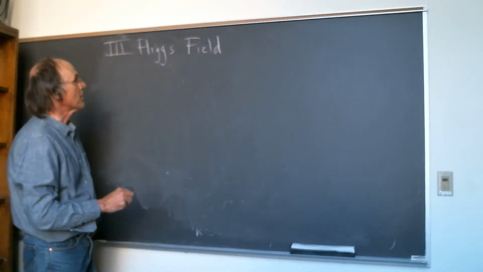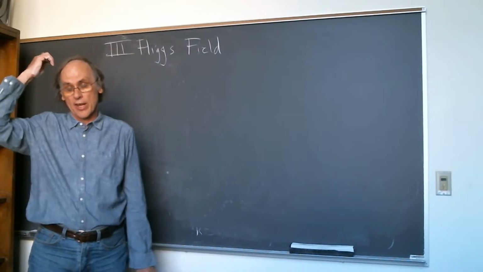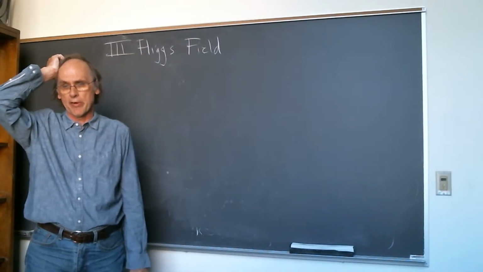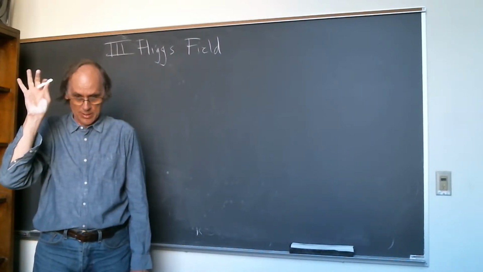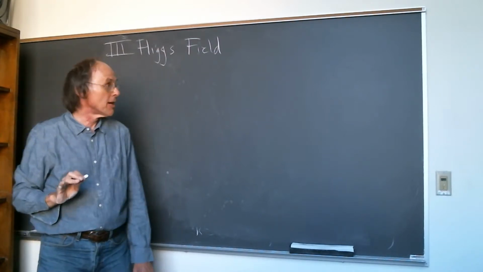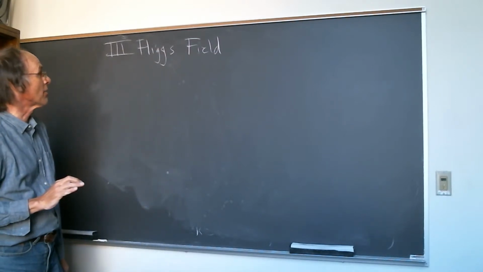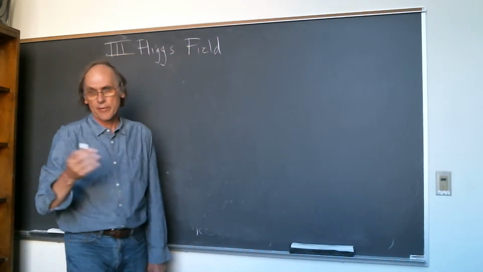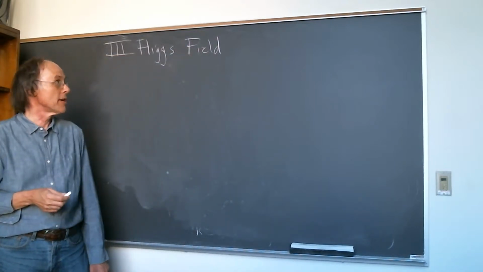The idea here is that there's one more kind of field that you have to add in as an elementary field besides the gauge fields and the matter fields, and this is going to be a scalar field of the sort that we studied in the Klein-Gordon equation.